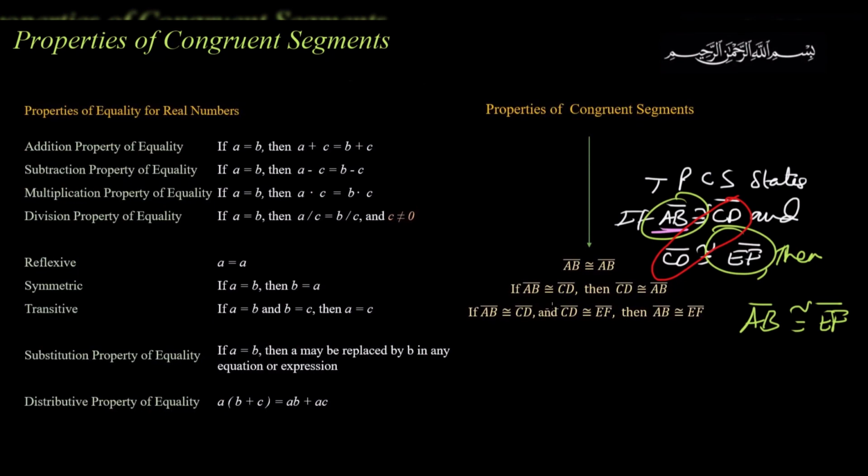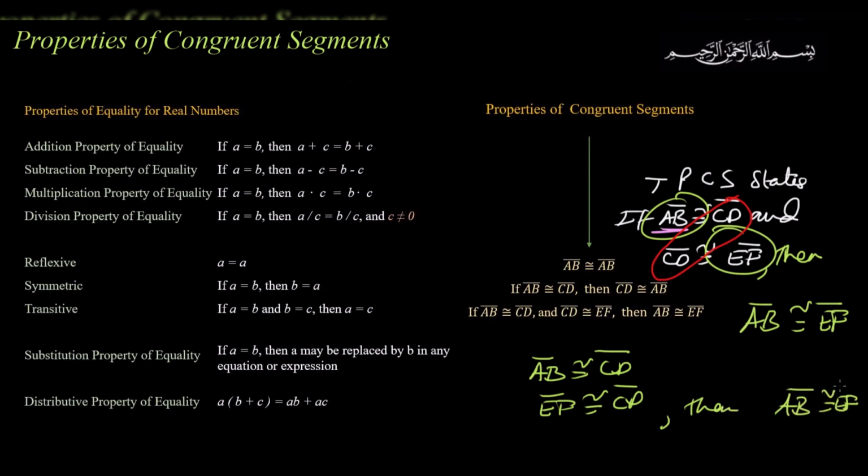If AB is congruent to CD and CD is congruent to EF, then AB is congruent to EF. Now, as I said again, don't be confused if the statement is written slightly differently. If it's written like AB is congruent to CD, and then instead of CD is congruent to EF, it's EF is congruent to CD, then again, AB is congruent to EF.